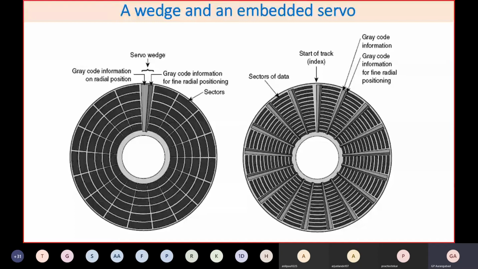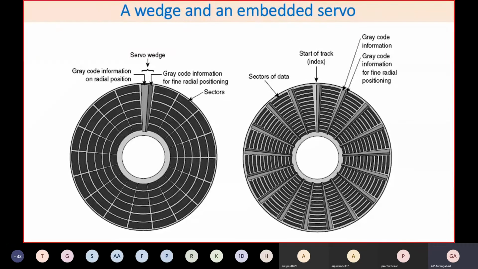So obviously there will not be any faster mechanism or faster feedback. The response speed will be somewhat slow, because to get this information, the disk has to rotate entirely 360 degrees. Only then can the correcting information be read again from this particular wedge.